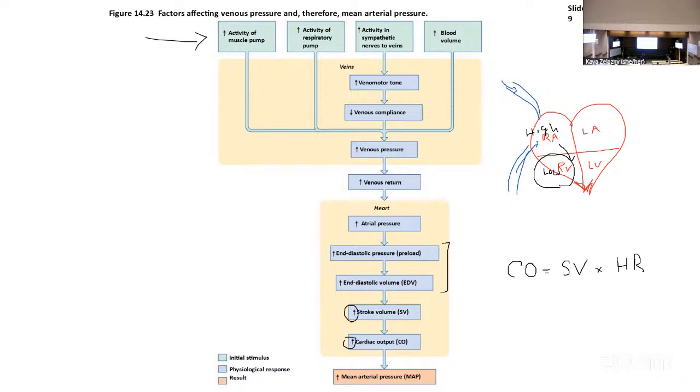And when it touches your veins and increases tone, this is another way it flows all the way down, increasing our cardiac output and increasing our blood pressure, which we like because the sympathetic nervous system is our fight or flight part of the autonomic nervous system. You want to keep blood pressure up because you need blood going to your muscles, to your heart, and to your lungs, because you're going to go do stuff.